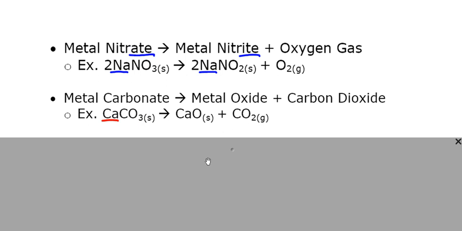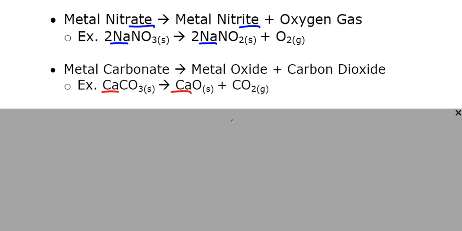What happens when it breaks down? It's going to make a metal oxide. So the metal oxide is calcium oxide in this specific example. And it also forms a gas. This time, though, it's going to make carbon dioxide over here. So the calcium still sticks with some of the oxygen, but the carbon and some of the oxygen is lost as carbon dioxide.